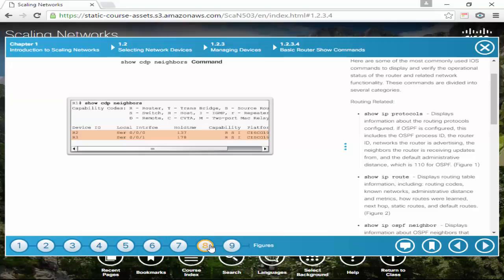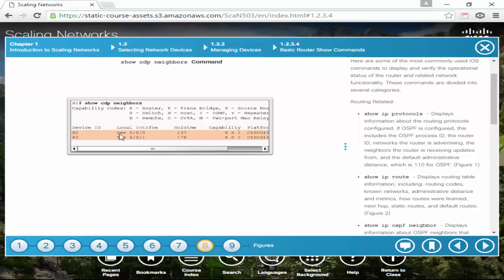Alright. Show CDP neighbors. Hopefully you guys remember Cisco Discovery Protocol. It's a Cisco proprietary protocol that will give us a lot of information if we're connected to another Cisco device and CDP is enabled. What will it give us?